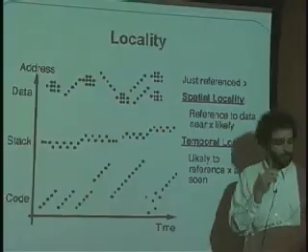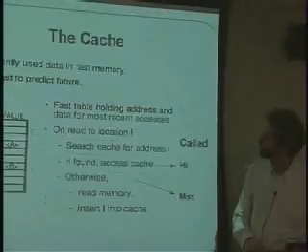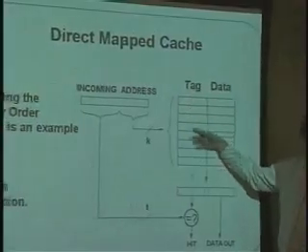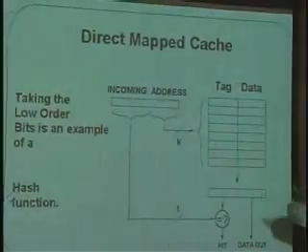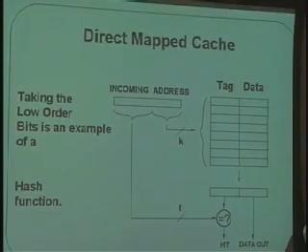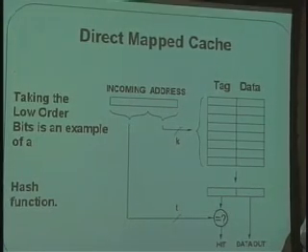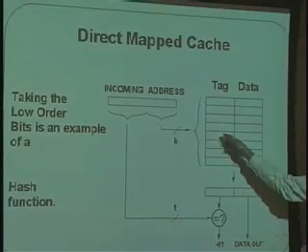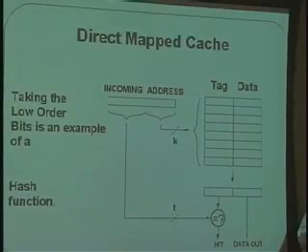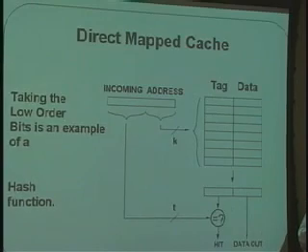Okay? And so as a result, we can depend on those low order bits spreading the data around in the cache. In other words, we will not get what's called a collision between data that we want to store at any given time in the cache. The data that we want to store will typically be spread out in its low order bits. So that's why we use them.